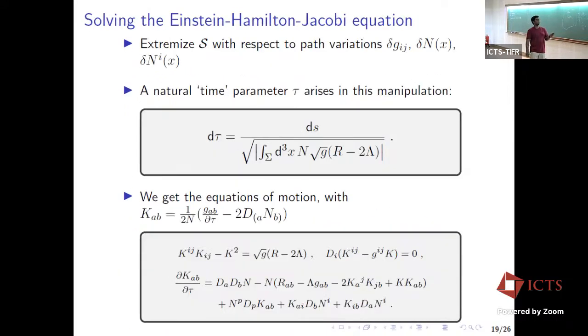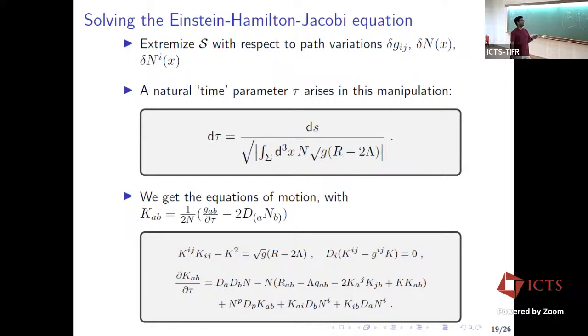So n is this smearing function, and then R is the Ricci scalar of the three-dimensional metric, and then lambda is some constant which will be interpreted as the cosmological constant of the four-dimensional space. That can be seen immediately by looking at the equations of motion, the analog of Newton's law, which we will get when we set the delta equal to 0, which are basically the 10 Einstein's equations. And this lambda will take the place of the cosmological constant there.